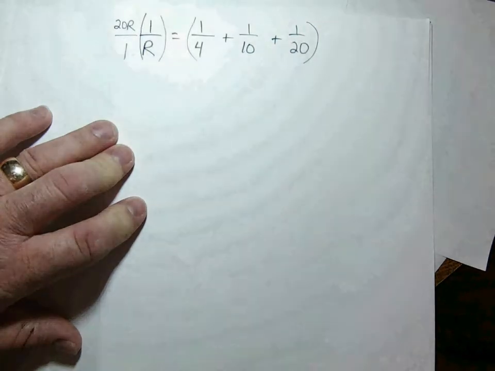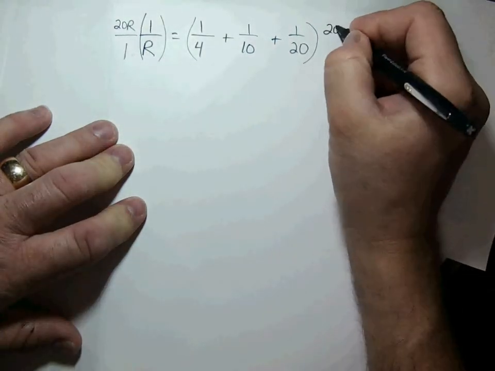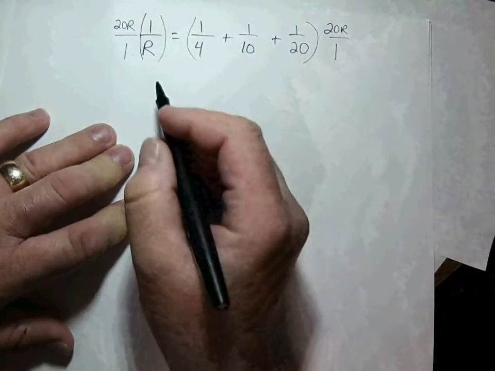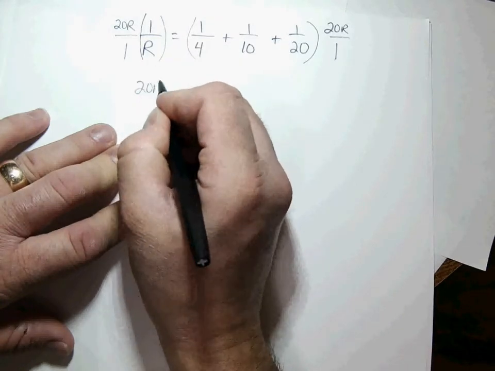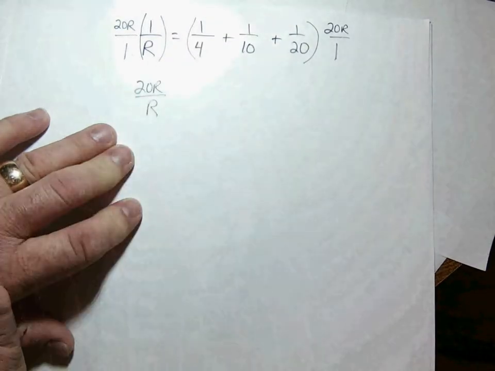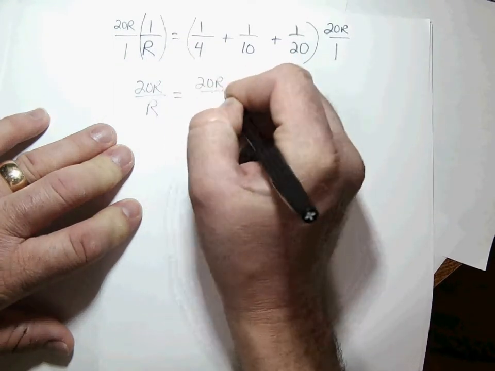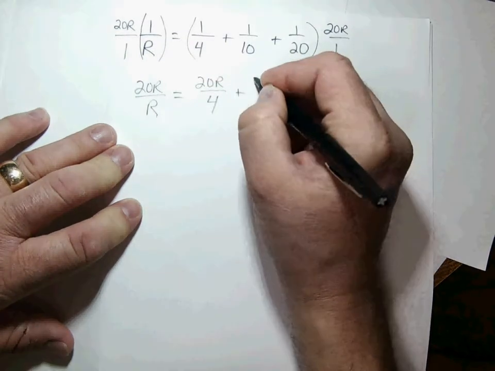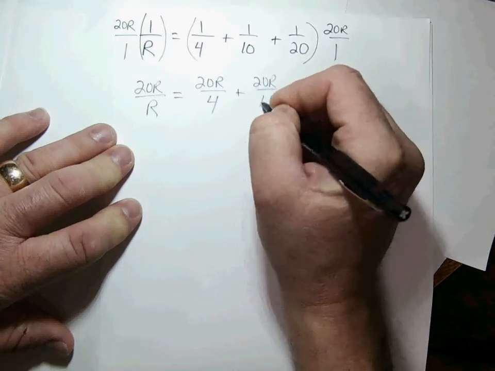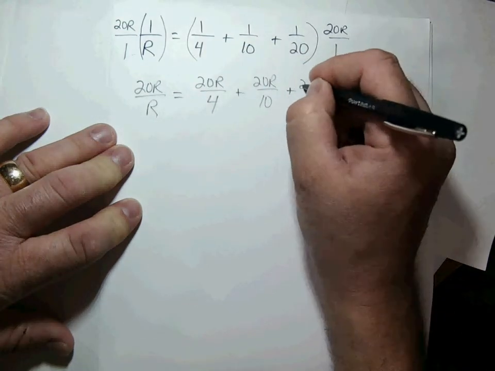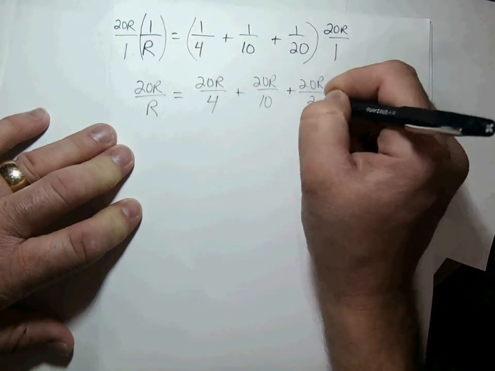Think of it as 20R over 1. I'm going to get a 20R over R for this piece, and 20R over 4 plus 20R over 10 plus 20R over 20.